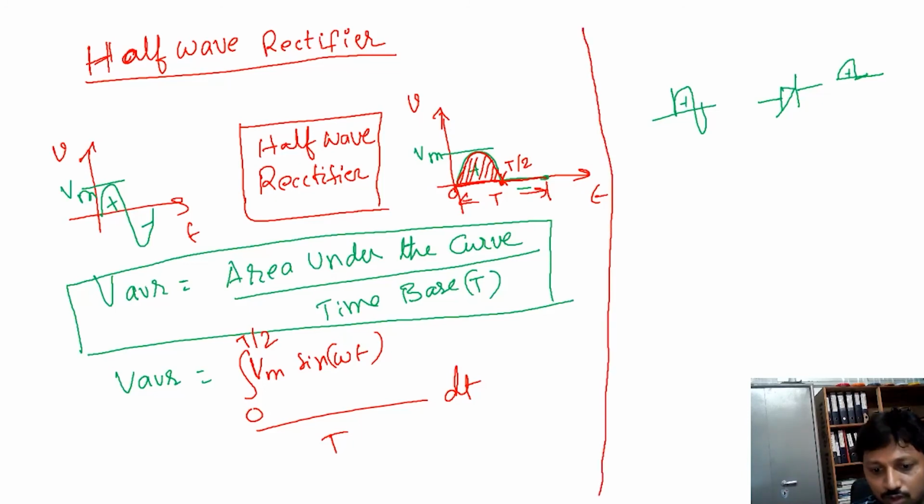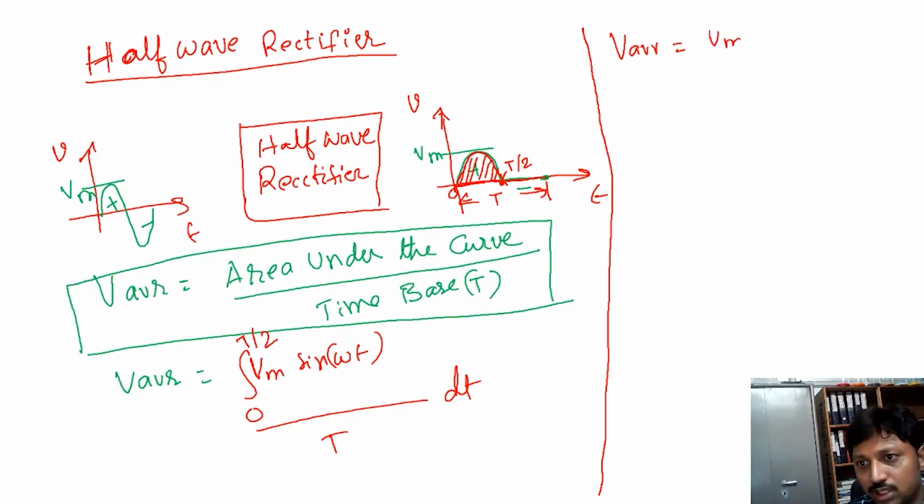So V average is equal to Vm by T, taking Vm by T outside, integral from 0 to T by 2 of sine omega t dt.